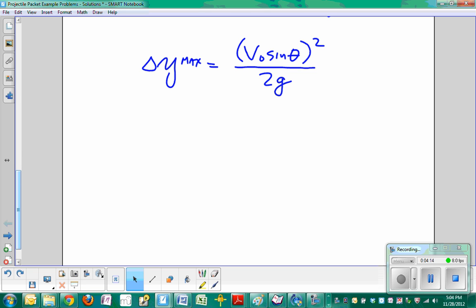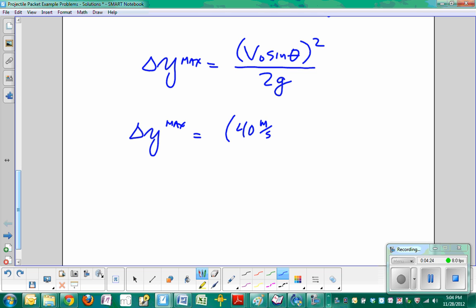The numbers indicate delta y max is going to be equal to 40 meters per second times the sine of 40 degrees. We're going to square that, and divide by 2 times 9.8 meters per second squared.